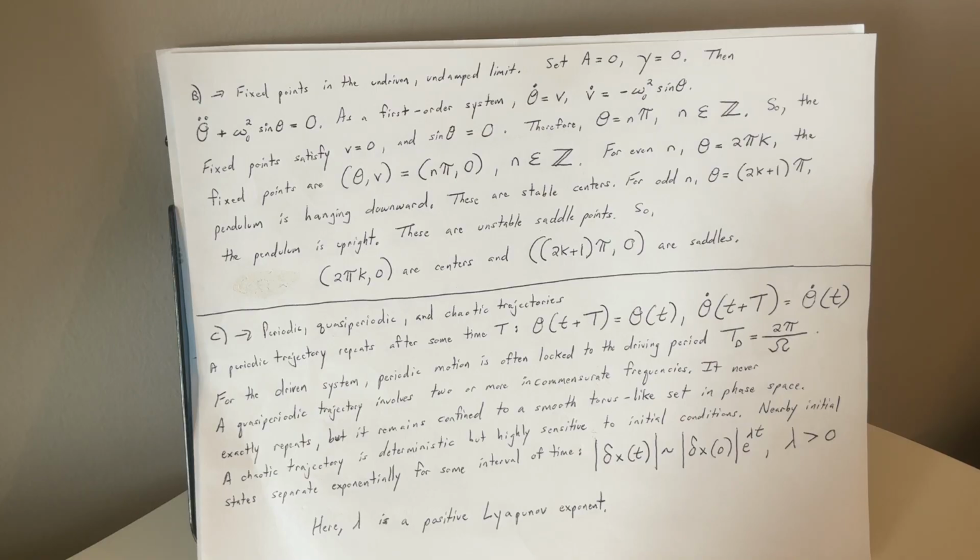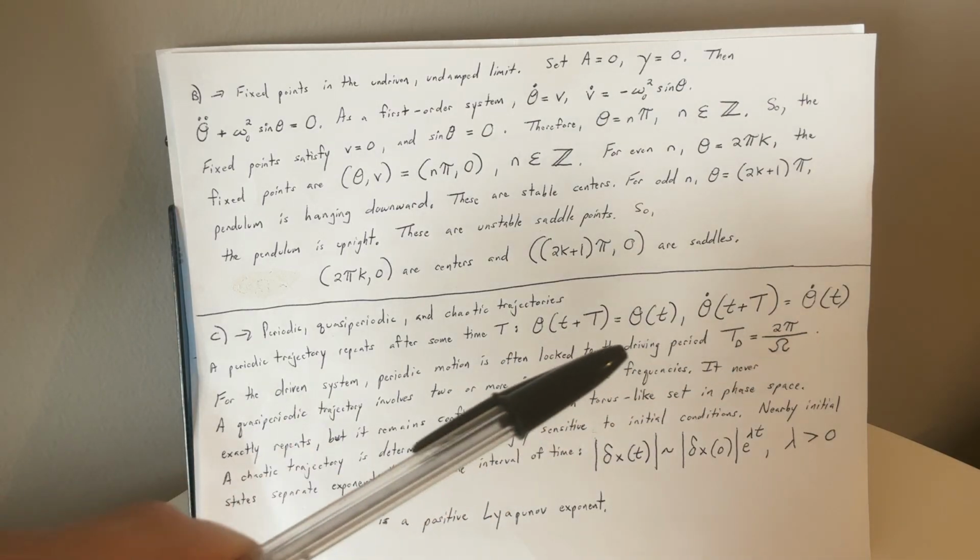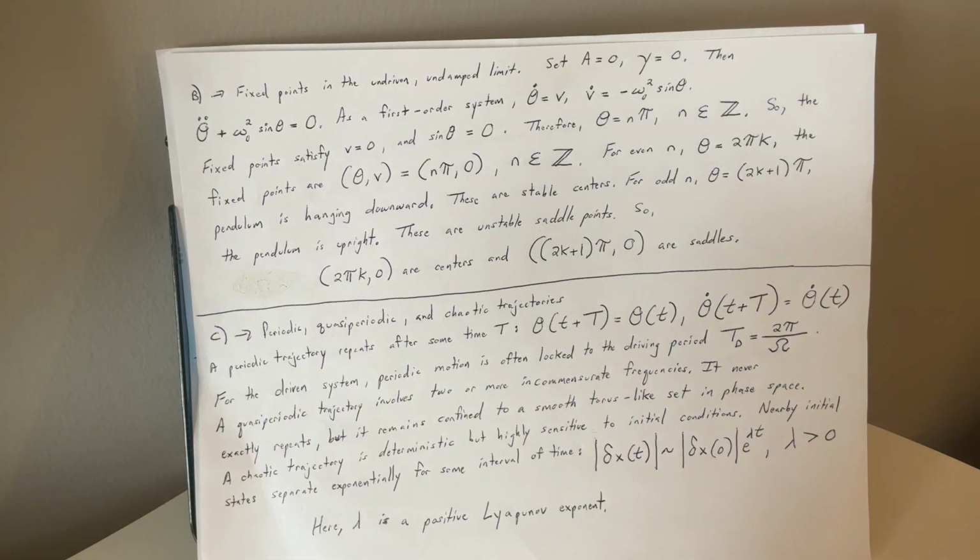So here are our two relationships. For the driven system, periodic motion is often locked to the driving period T sub d equals 2 pi over capital omega. And a quasi-periodic trajectory involves two or more incommensurate frequencies, and it never exactly repeats. But it remains confined to a smooth torus-like set in phase space.